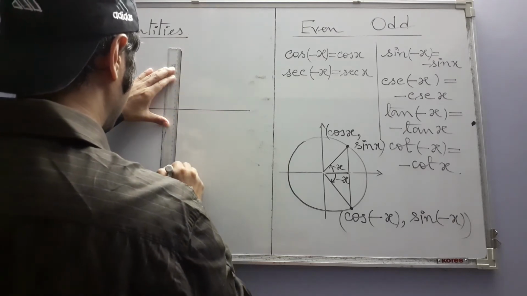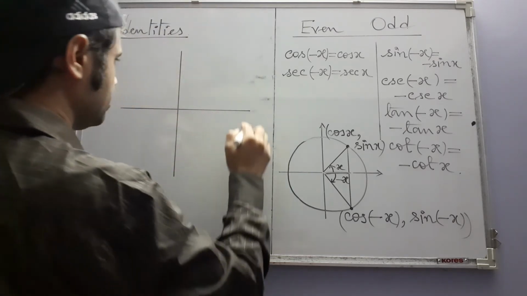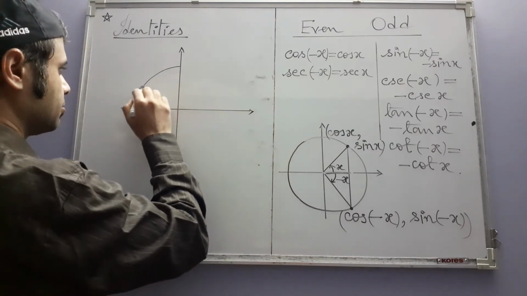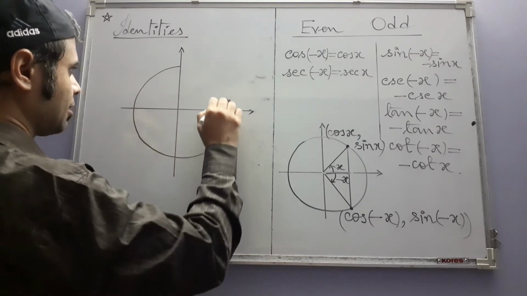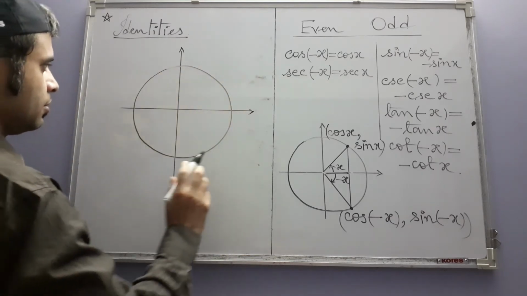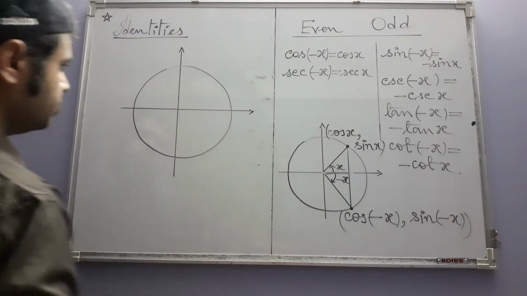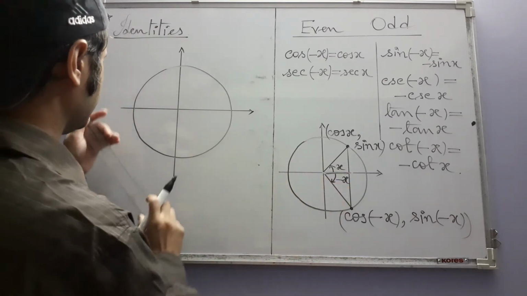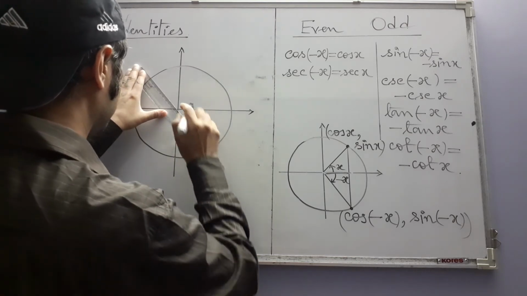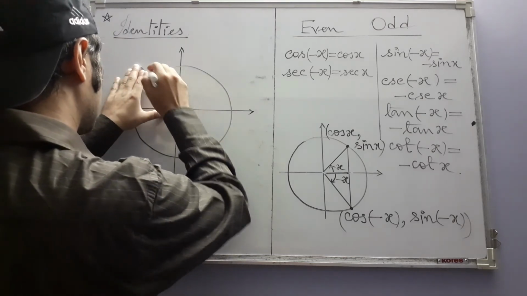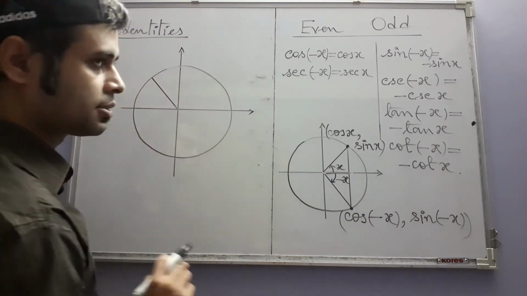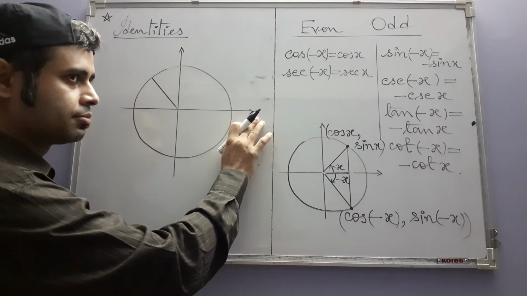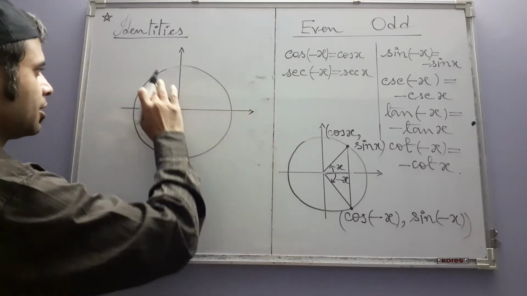So we again draw a diagram like this of a unit circle centered at the origin, roughly. Now here, instead of taking an acute angle, we take an obtuse angle, for example. Say our angle, in its standard position, has this initial ray, that is the fixed ray, and the terminal ray is this one.